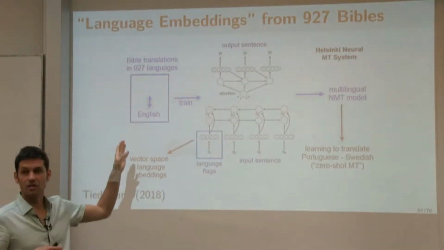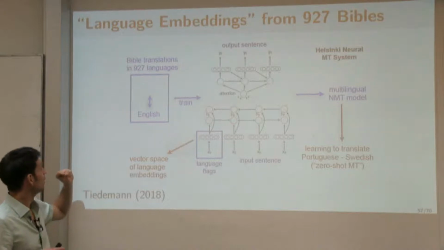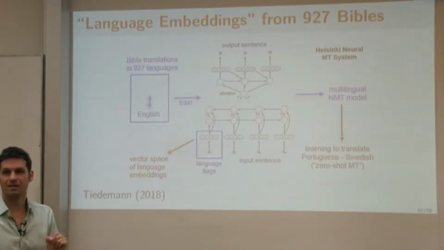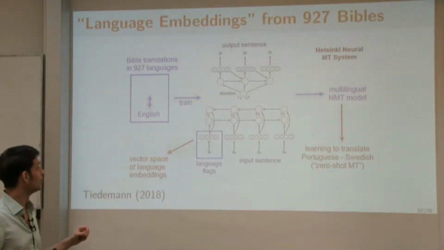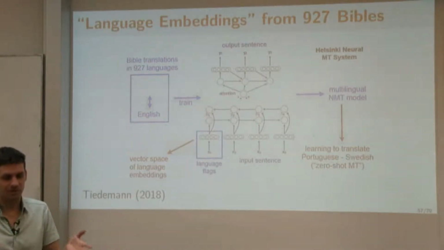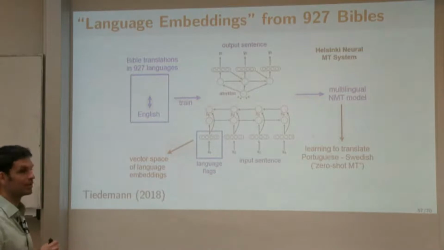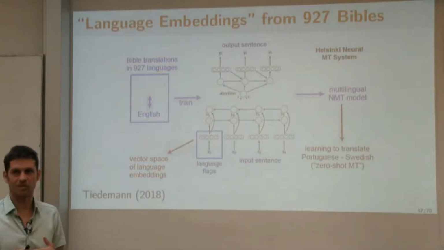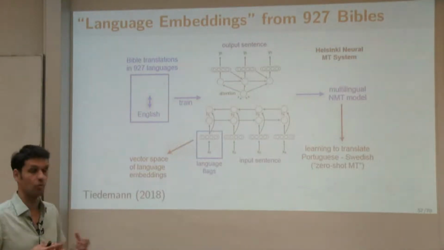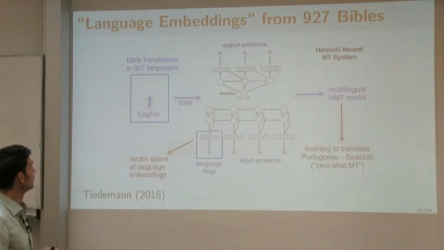It was trained to translate the Bible in close to 1,000 languages, so 900 languages, but just the Bible. So the data set is very limited, but it's many different English translations of the Bible, so the English is not so poor, but still it's just one book.